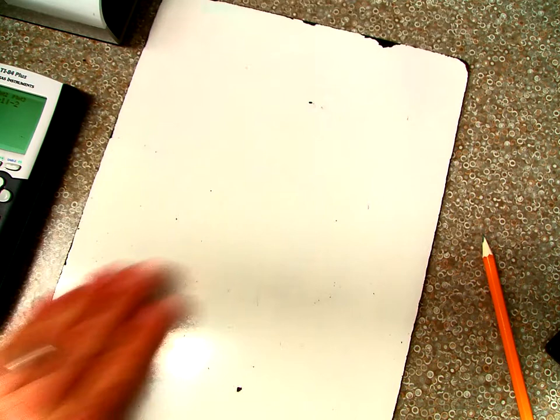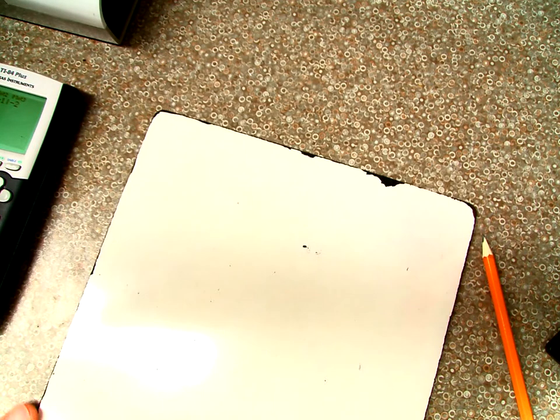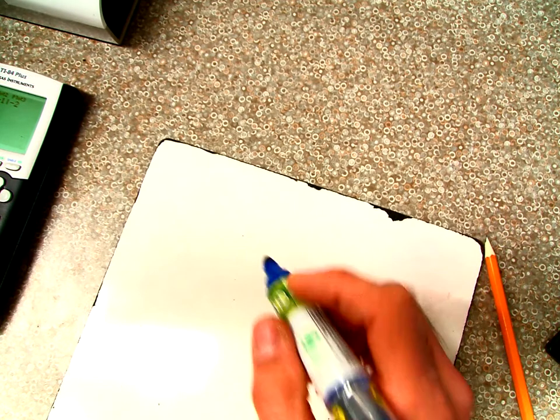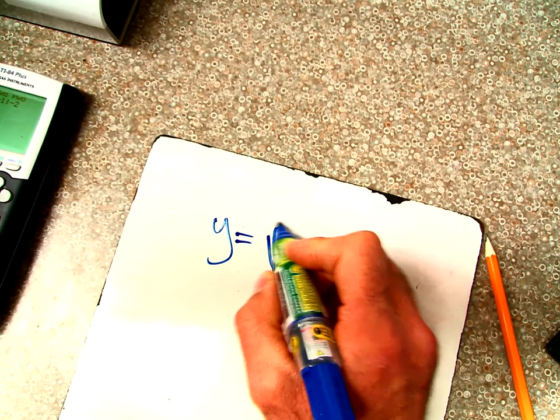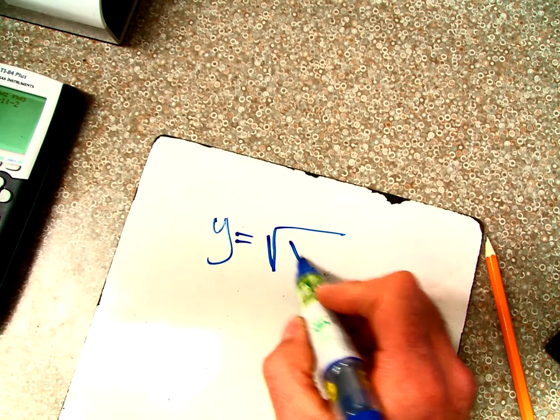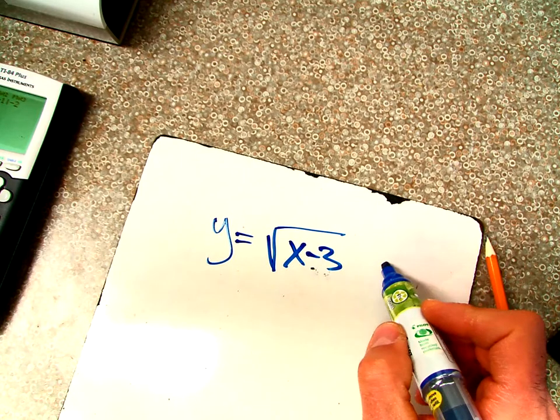Okay, I don't know how many of you guys have calculators. Let's do a square root function. Y equals the square root of x minus 3, minus 1.